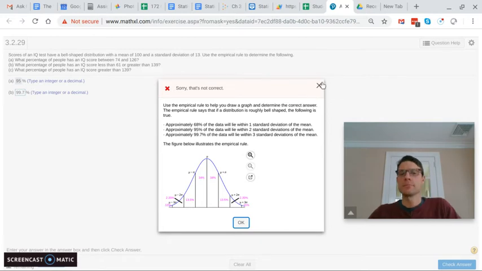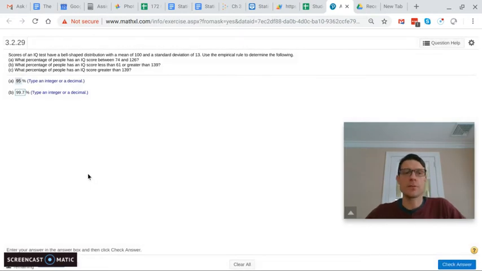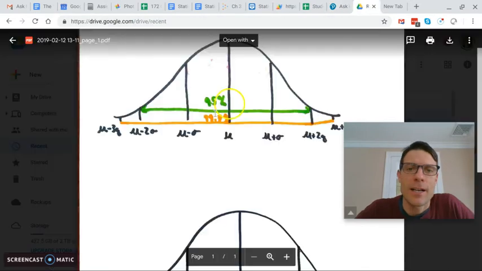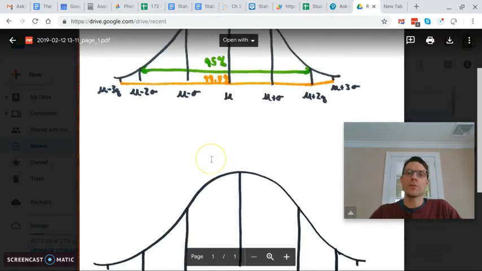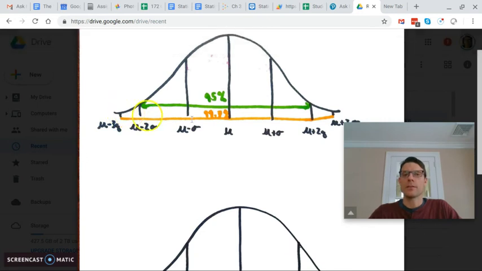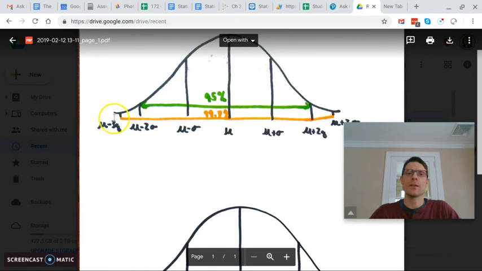Oh, I wasn't reading very carefully. What percentage of the people has IQ scores less than 61 or greater than 139? So I guess it pays to read these carefully. I was looking at what's between these two, and they want to know what's less than, over here, and what's over here.